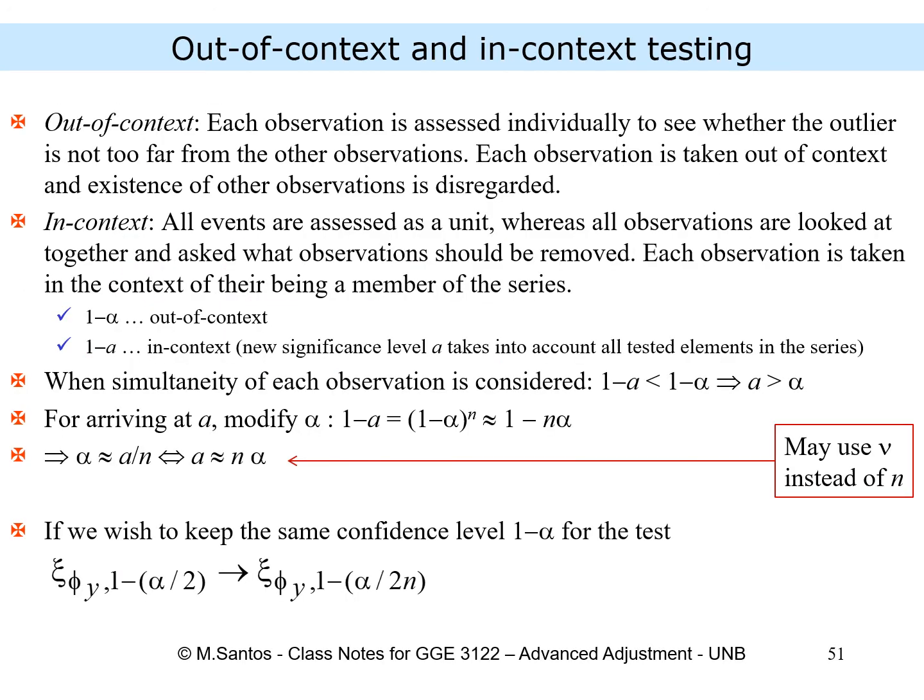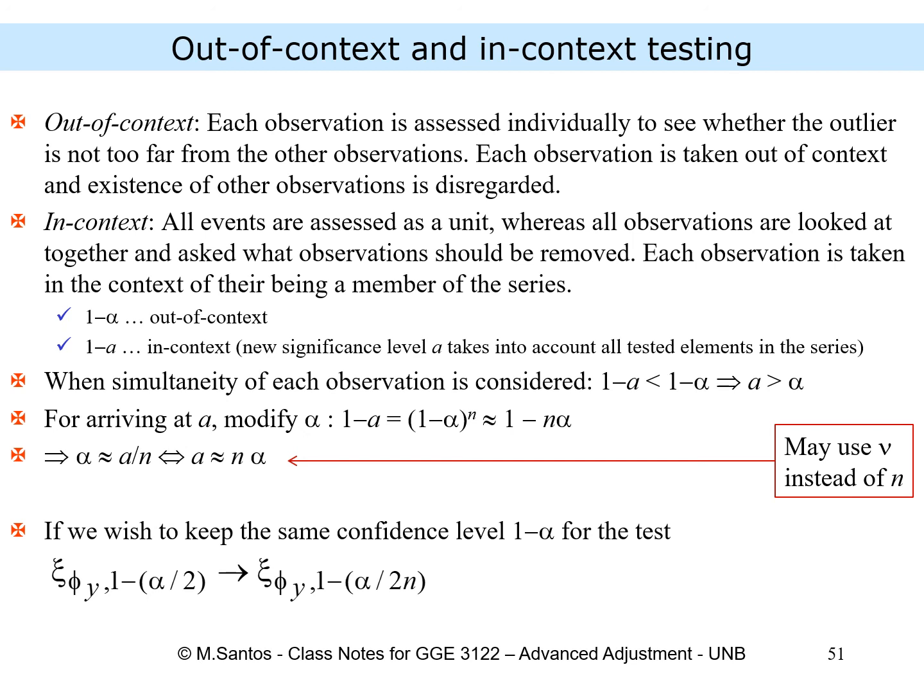There is a concept of out of context and in context. Out of context, which is done most times, and that's what we are going to focus on, by the way, is where each observation is assessed individually to see whether the outlier is not too far from the other observations.